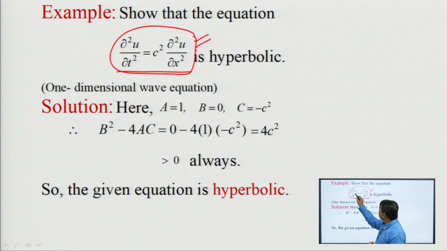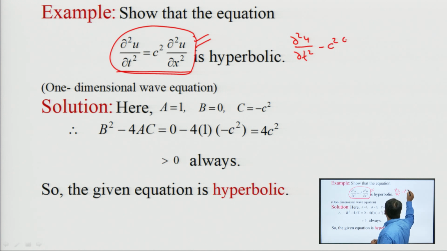Here, del 2 u by del t square equals c square del 2 u by del x square. We can write this as del 2 u by del t square minus c square del 2 u by del x square is equal to 0.